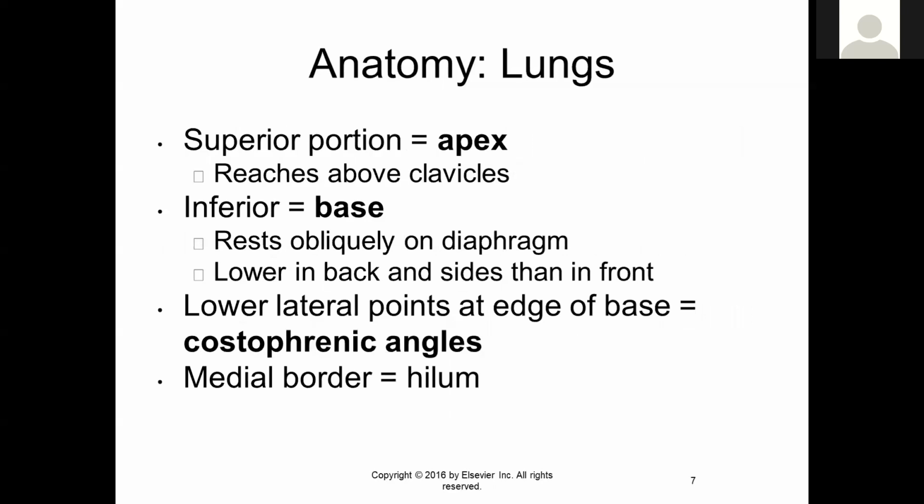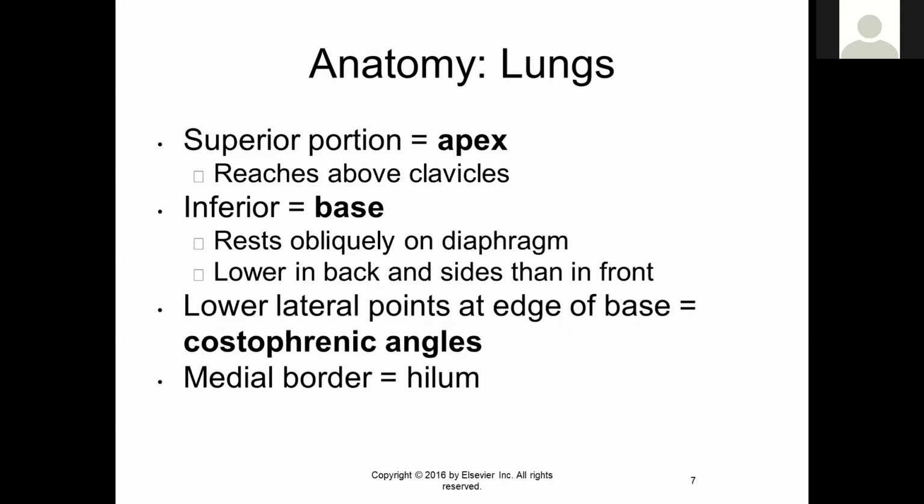Lungs are vaguely triangular in shape, so they use triangular terms from geometry in grade school. The superior portion of the lung is called the apex. This part of the lung extends above the clavicles on the chest x-ray. The inferior portion is known as the base. This rests on the diaphragm, and it extends farther in the back and the sides than it is in the front.